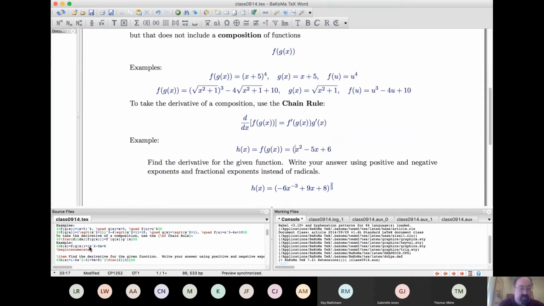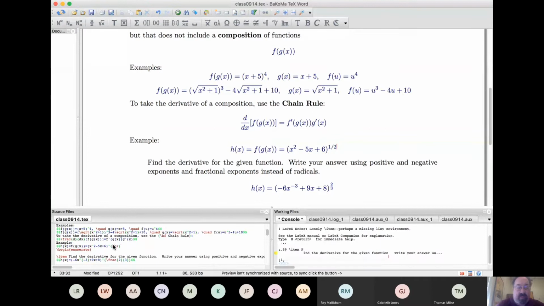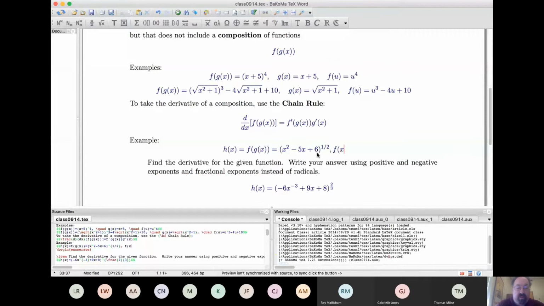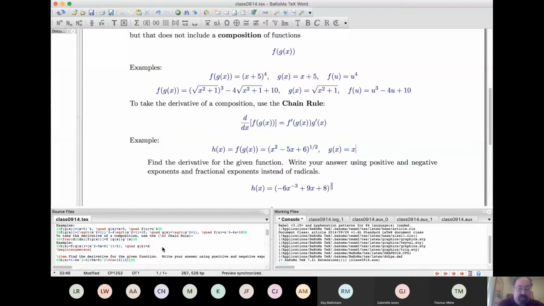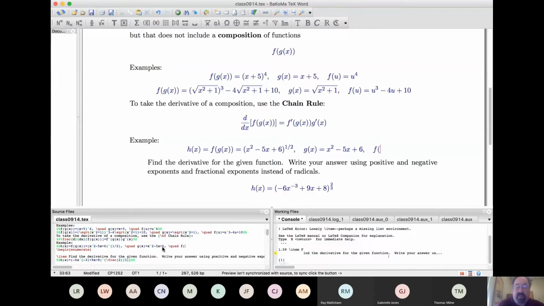Let's say we'll take x squared minus 5x plus 6 and raise it to the 1/2 power, where the inner function is what's being raised to the 1/2 power. So x squared minus 5x plus 6. And then the outer function, f of u, would be u to the 1/2 power.